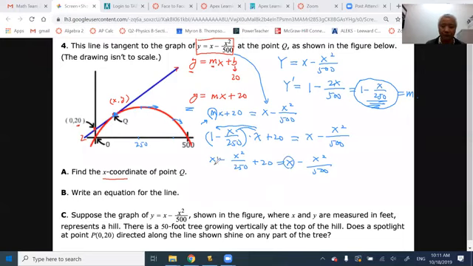Now, the x cancels on both sides. Then you can add x squared over 250 to both sides, so you can cancel this too. So you have only 20 on this side, equal to negative x squared over 500 plus x squared over 250.